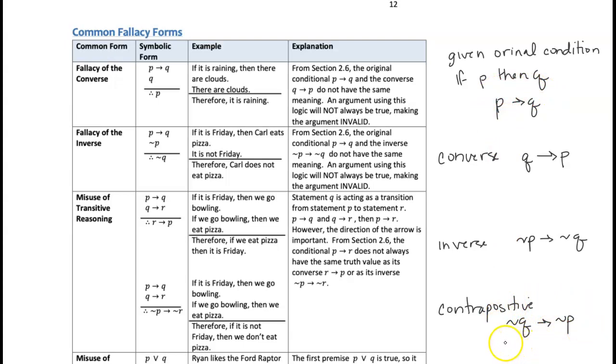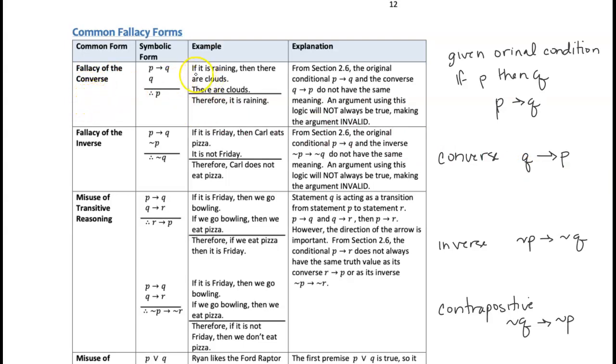That's why when we investigated the common forms of valid arguments, the contrapositive reasoning was a valid argument form. We also found that the given conditional and the converse will not have the same truth values in every case. So that's the reasoning for why the fallacy of the converse will make this argument invalid.